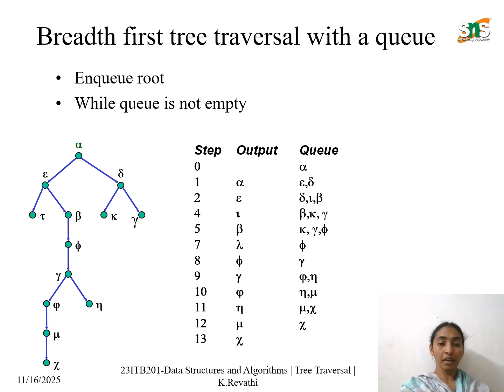The steps are on the right side, the output of the visiting order is in the middle, and the queue is at the last. The queue operations follow first in, first out. The node which enters the queue first will be visited first. At last we visit the last leaf node.